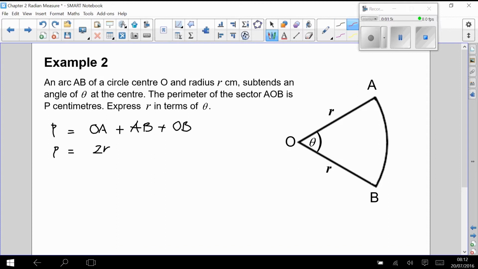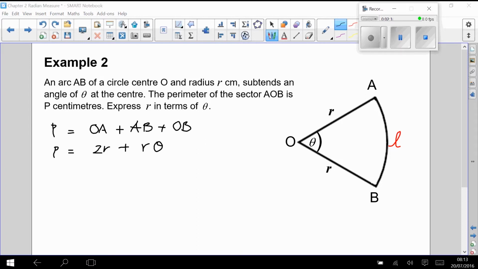A to B is the arc length, and the arc length is going to be the radius times the angle.